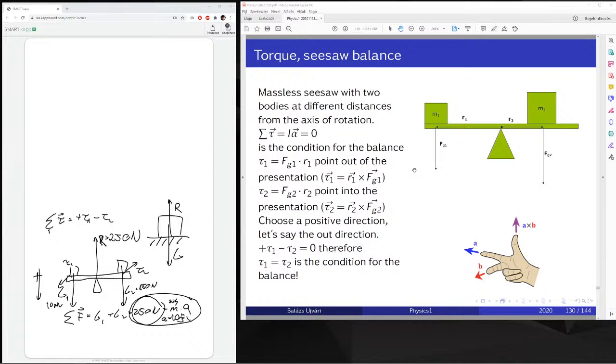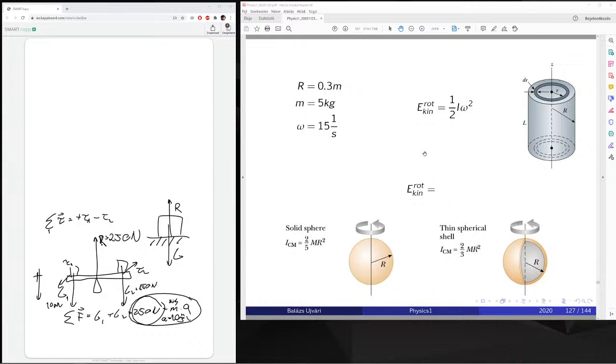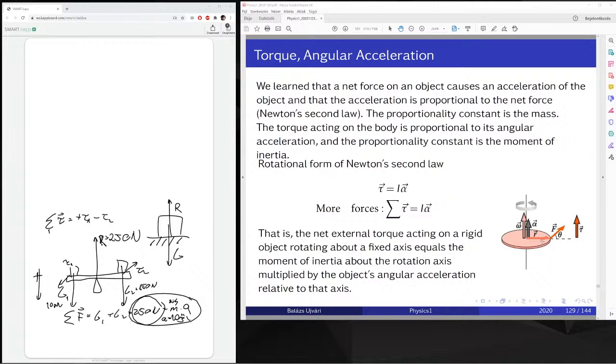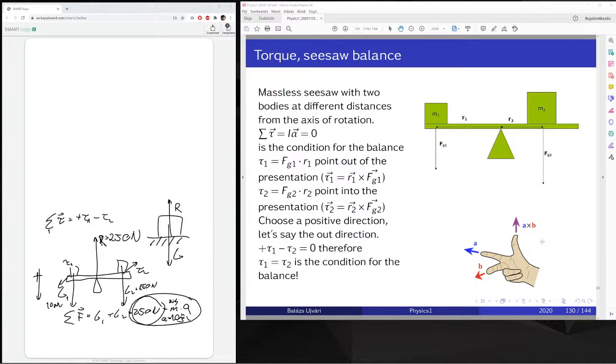Is it any Newton meter? And don't forget the definition. Torque is the level arm times force times sine of theta. What is the torque from this R force? All right. Draw again.